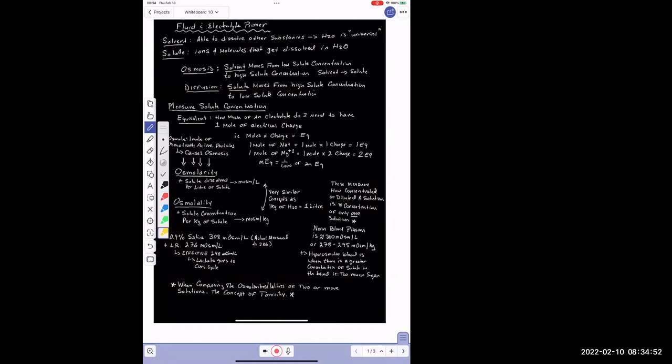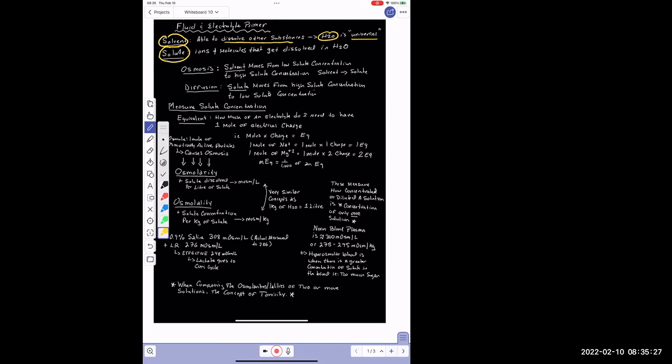So just as a review, when it comes to fluids and electrolytes, we have solvents and solutes. And as we remember, a solvent is something that is able to dissolve other substances. In the context of human physiology, water is the quote unquote universal solvent, and we have some understanding of why that is based on the prior coursework we've done in the chemistry of life. And then solute is stuff that gets dissolved in water.